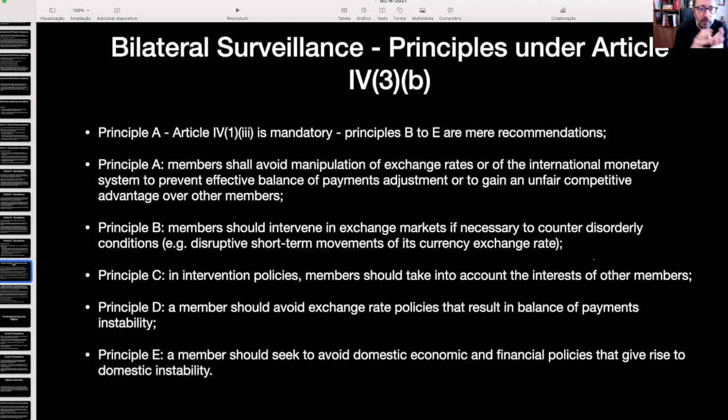Now, when you look at, say, U.S.-Chinese relations, but the U.S. under Trump also complained a lot about the EU, you see that both the EU and China have large trade surpluses with the United States.